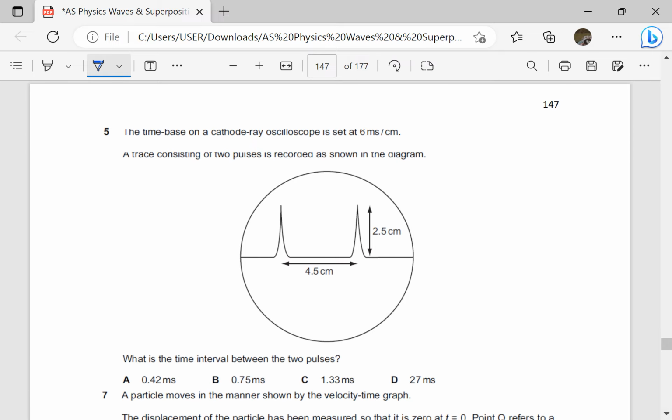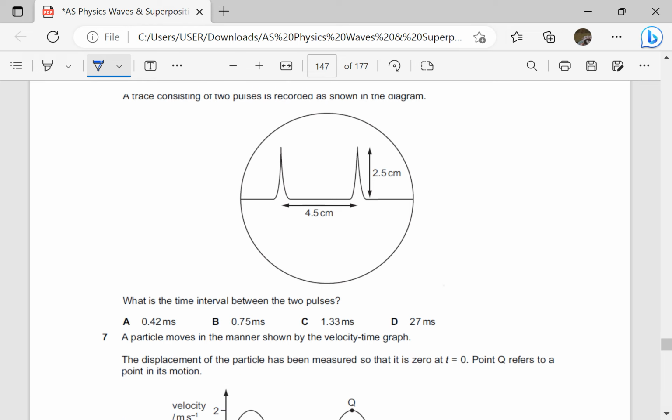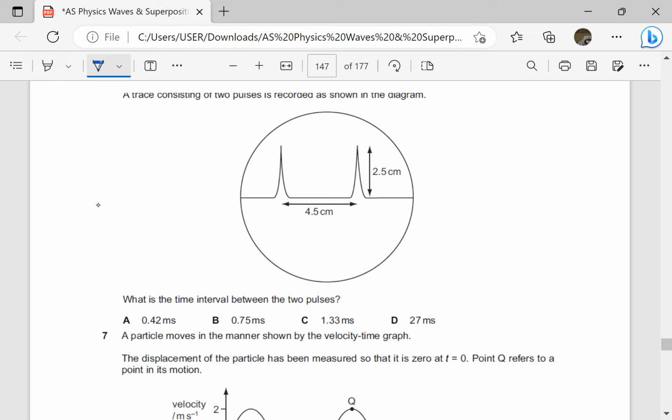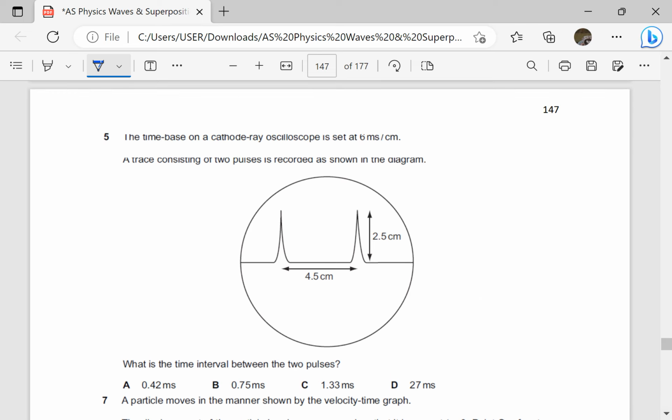The time base on a CRO is set to 6 milliseconds per centimeter. A trace consisting of 2 pulses is recorded as shown in the diagram. What is the time interval between the 2 pulses? So the length representing the time interval is 4.5 centimeters.